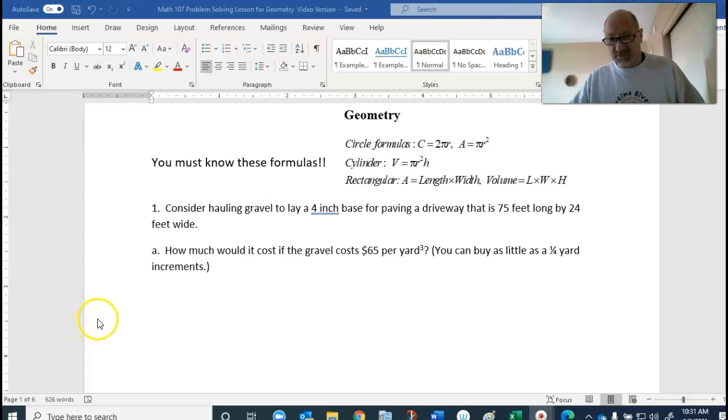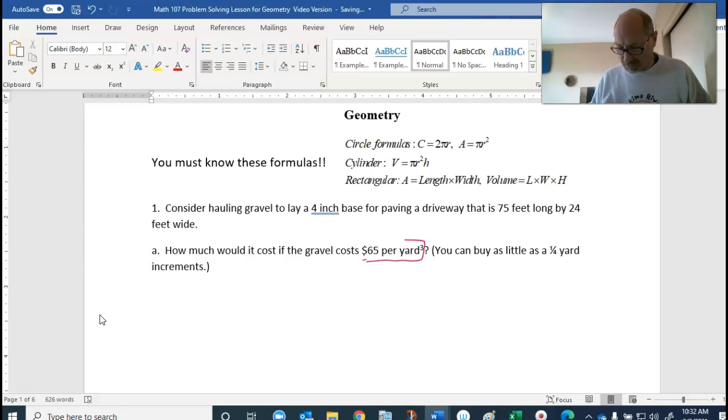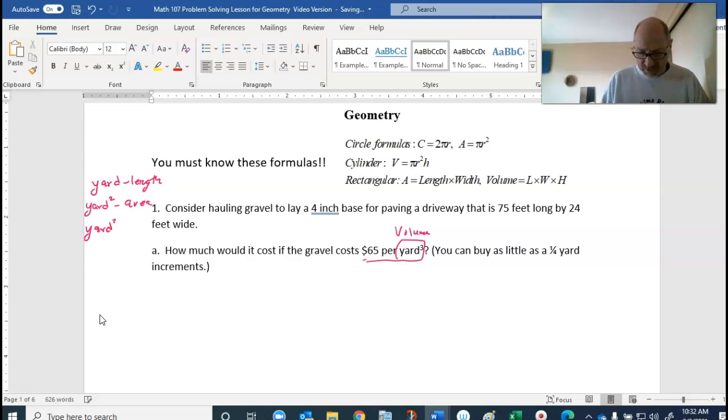Since the gravel is sold by the cubic yard, and that's a volume measurement, I'll remind you that the yard unit is a length unit, a square yard is an area, and a cubic yard is a volume.